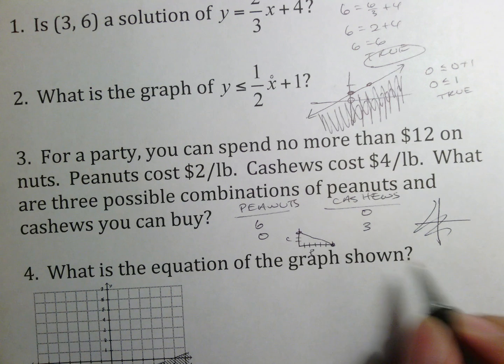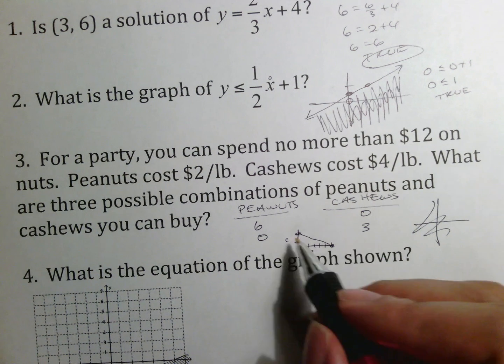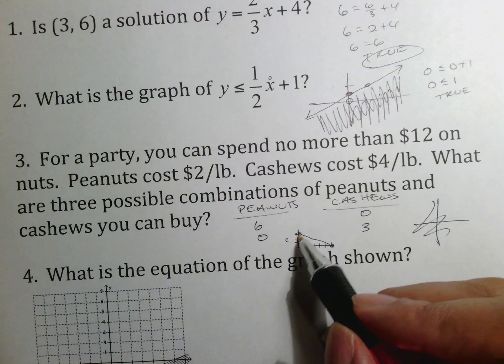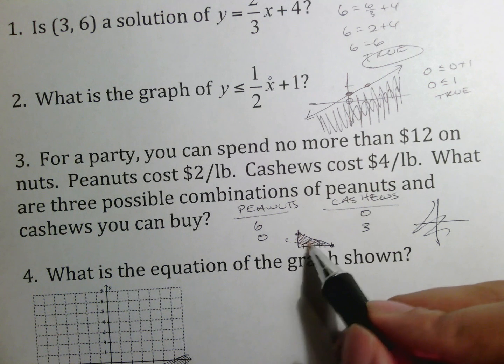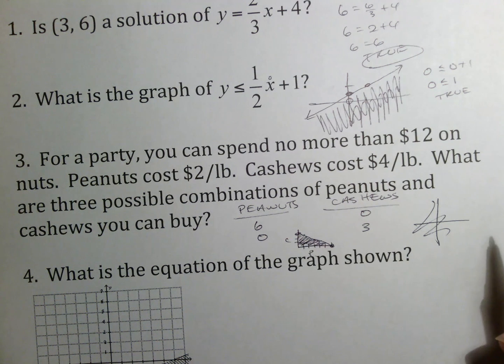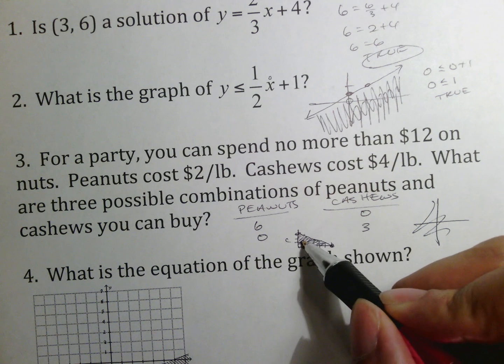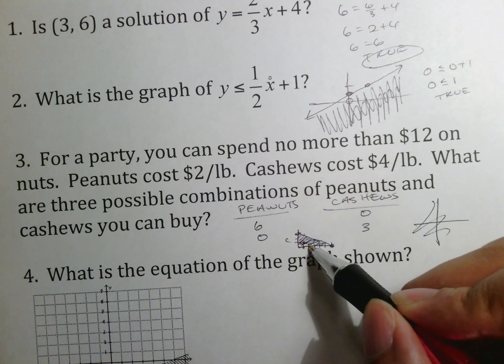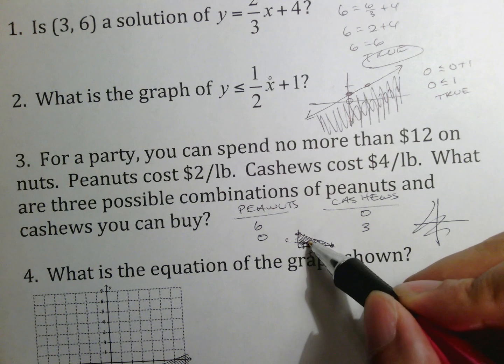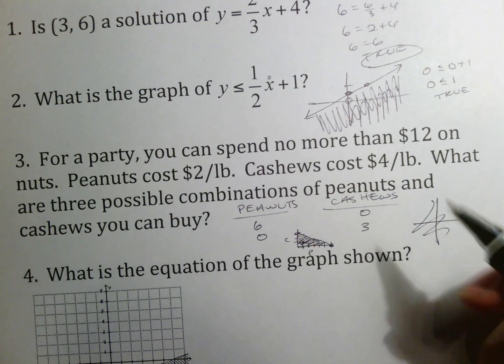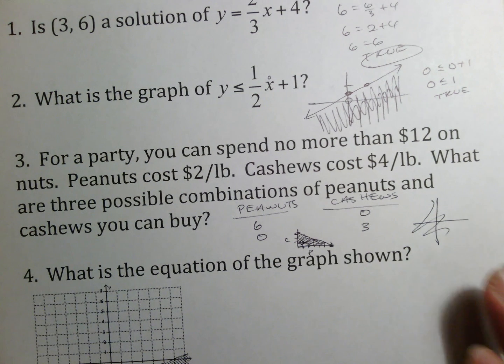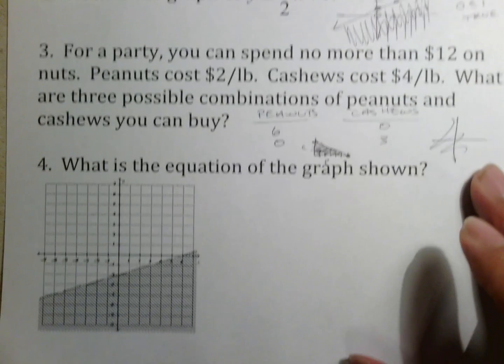The line would go there, and you would have that general area to look at. You would shade anything on this part here because you want to be less than that. But other than that, you could have 1 pound of peanuts, 1 pound of cashews, 2 pounds of peanuts, 1 pound of cashews, anything like that works. So again, as long as you checked that out and made sure it worked.